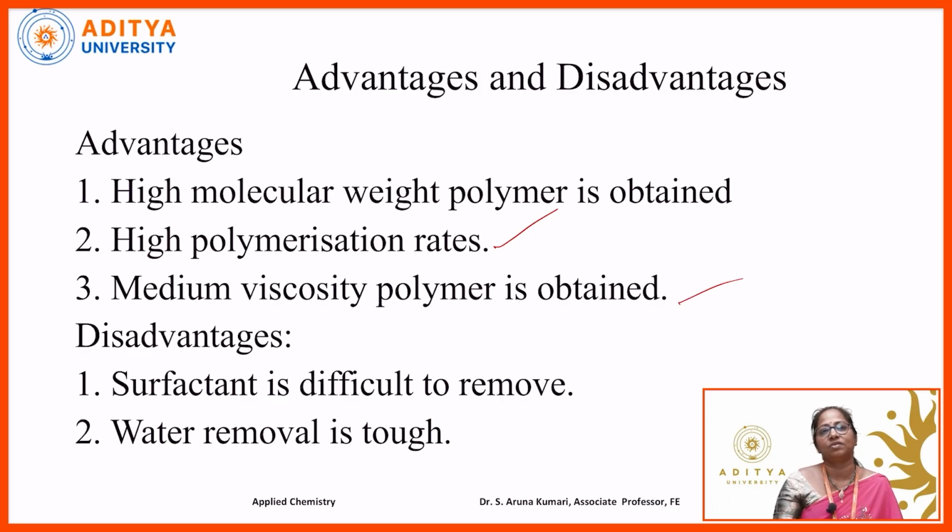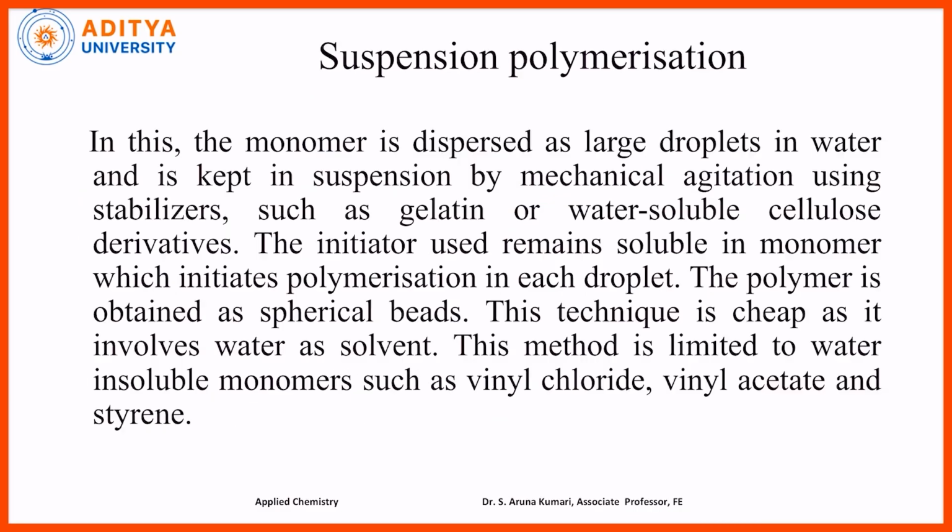Now let us discuss its disadvantages. Coming to disadvantages, in this emulsion polymerization, the surfactant is very difficult to remove from the reaction vessel. And not only the surfactant, it is very difficult to remove water from the reaction vessel.